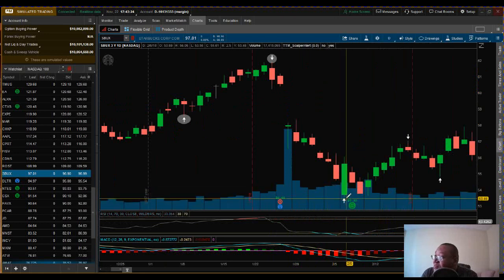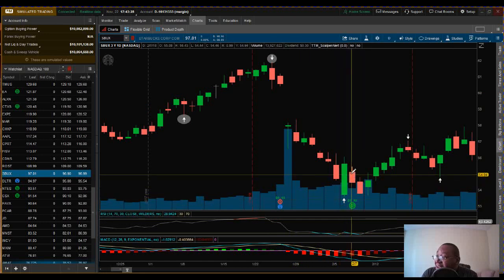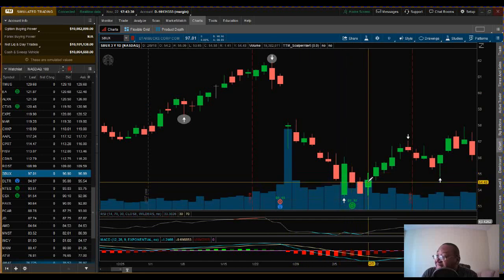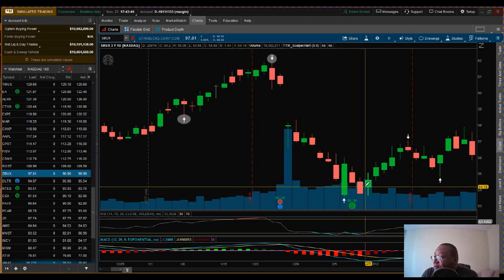Here's another one. Once again, this arrow did not appear here. It most likely appeared here or here, right? Most likely on this arrow, on this candlestick. And once again, making money. And take a look at something here, very, very important.